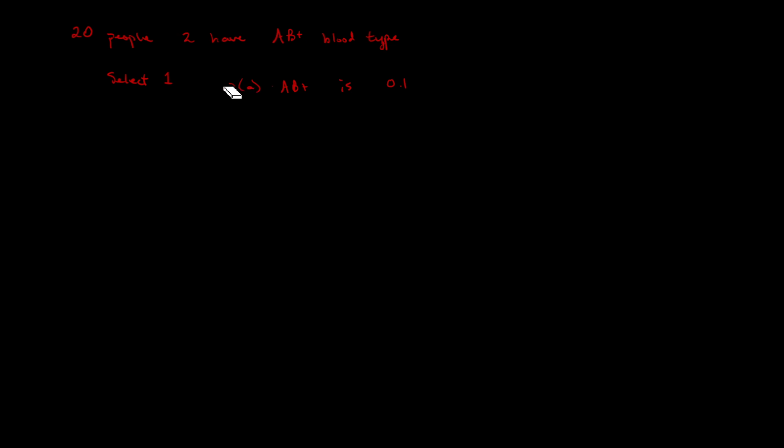So the probability of AB positive is 0.1. Okay, so one person. Person 1 has AB positive or not AB positive. Well, let's just put AB positive and not AB positive.